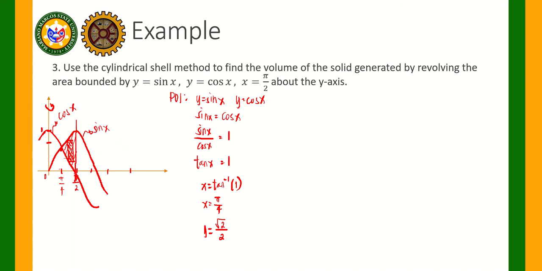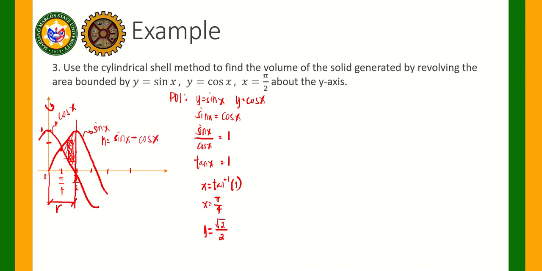Now, what is our r? Okay, so yung r natin is this one. Okay, so wala tayong kailangang i-add or i-subtract. And then, our h will be y upper. Ano yung y upper natin? Si sine x. Minus y lower natin is si cosine x.